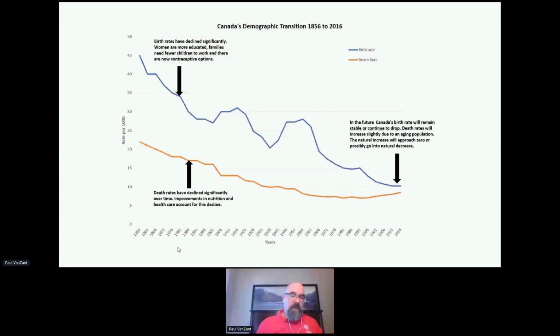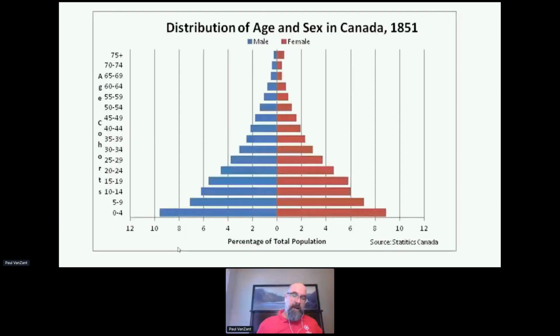The other piece in looking at graphs that we emphasized in our program was around the use of population pyramids. And you can see one here from 1851. And again, we'd have them deconstruct it in terms of its axes, which is male, which is female on this graph, what's our time frame here.